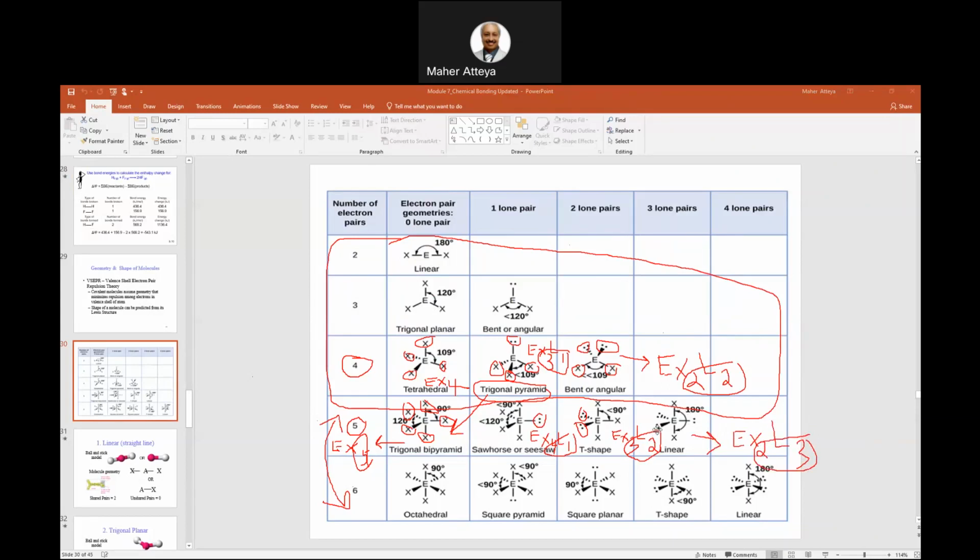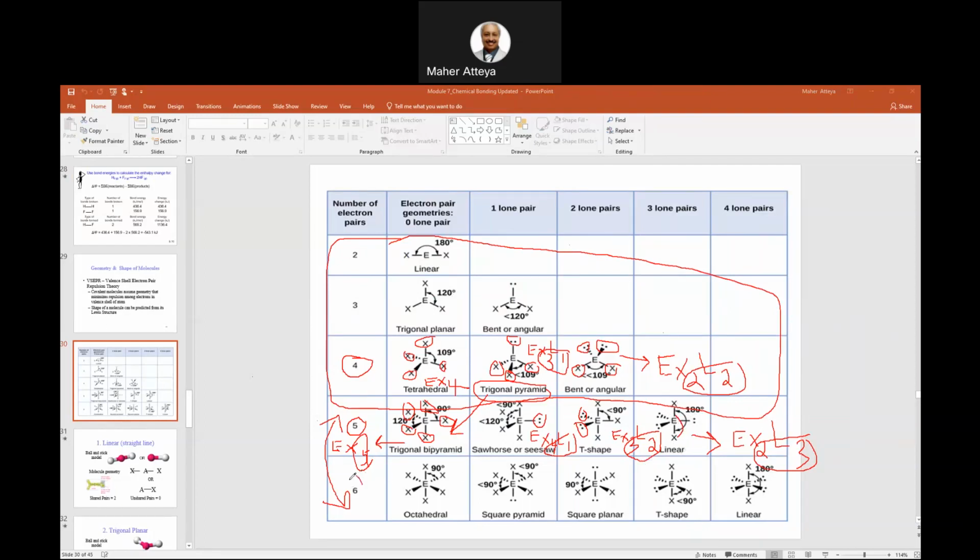And the angle is not shown here, but it is 180 degrees. This is linear, correct? Now you ask me about the angle here in between the y-axis. It's 180. The whole molecule is 180, linear. However, if you come to the other side, it's not 180. All of them from the axis here is 180, so linear.